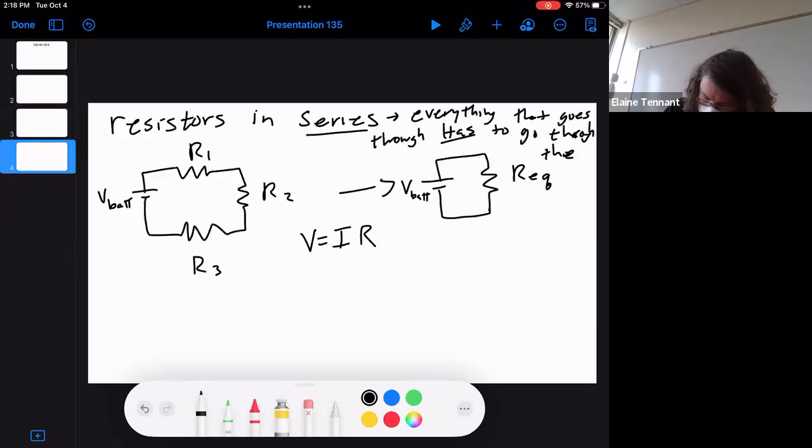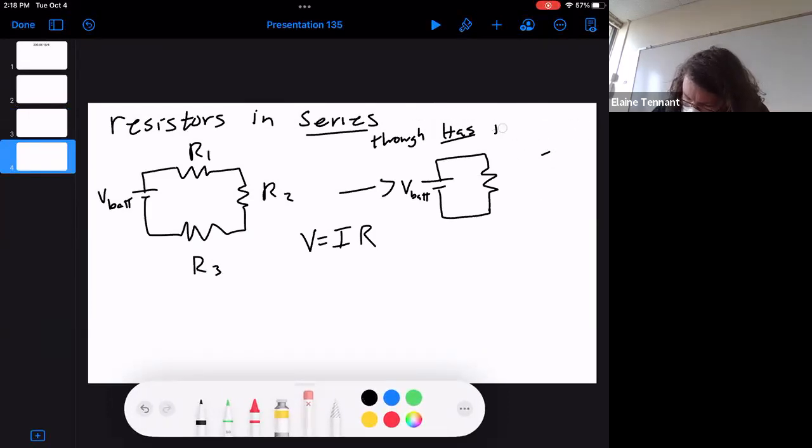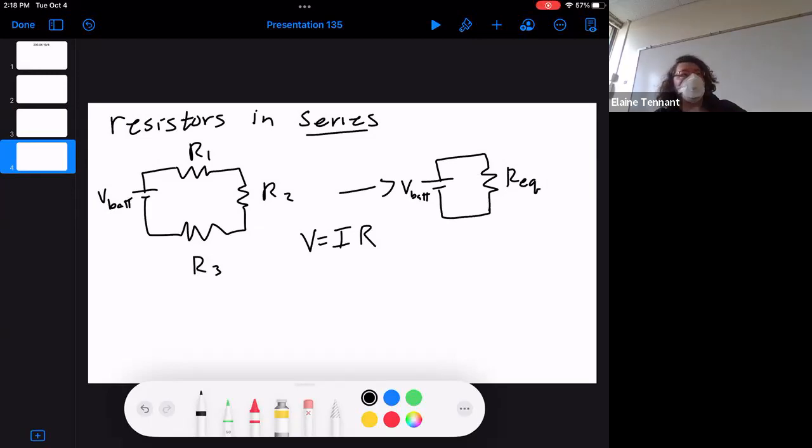Okay, excellent. So with that in mind, what can you tell me about the current through R1, R2, and R3? All the same, because they're connected in series. The current doesn't have the choice. If it goes through R1, it has to go through R2.